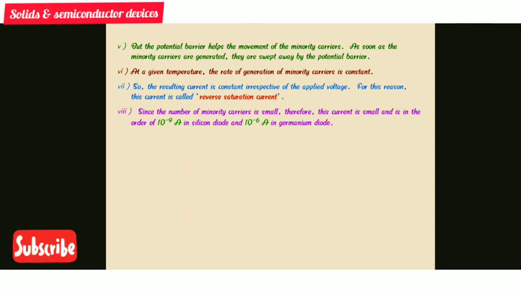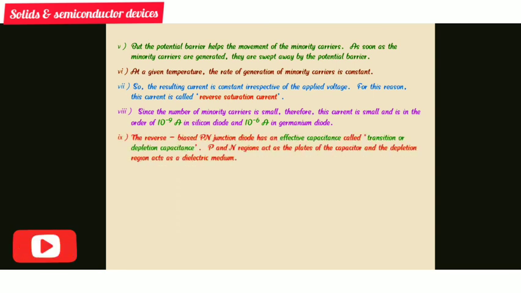Since the number of minority carriers is small, this current is small and is of the order of 10 nanoampere in a silicon device and 10 to the power minus 6 ampere in a germanium device.